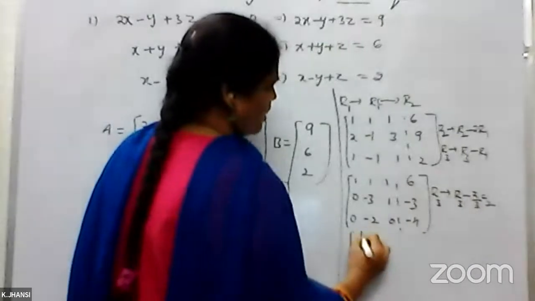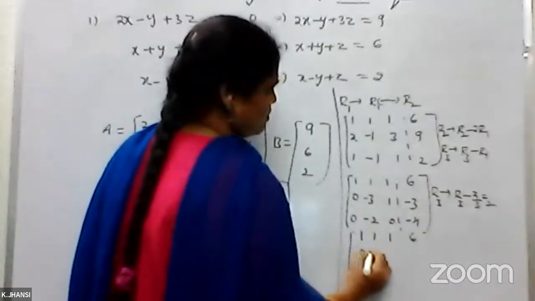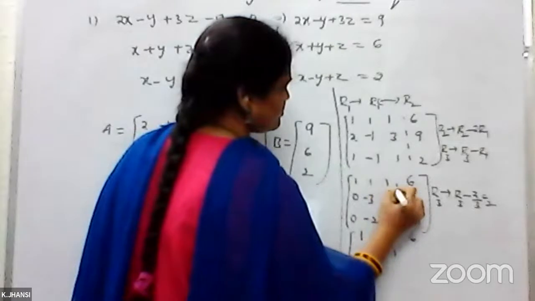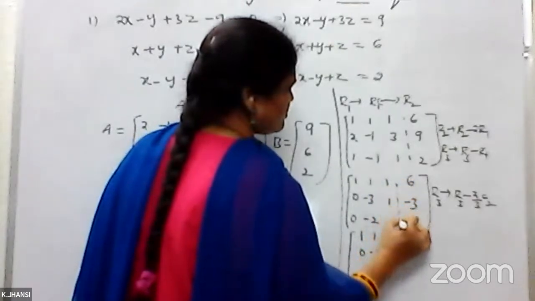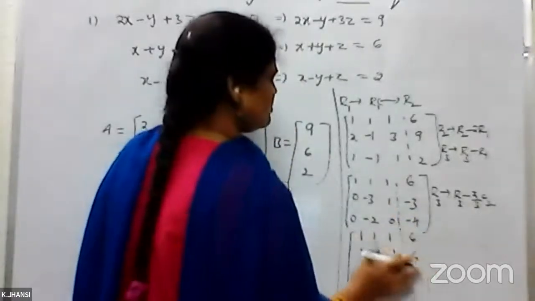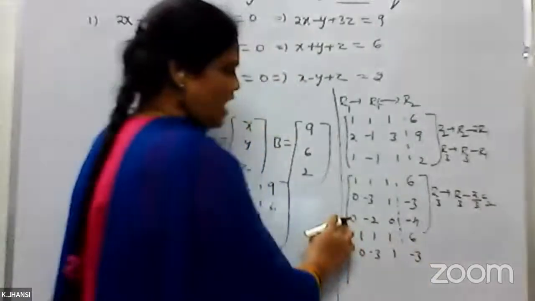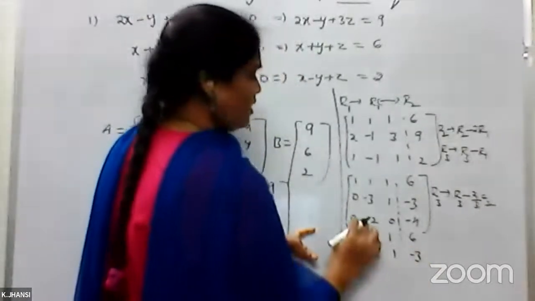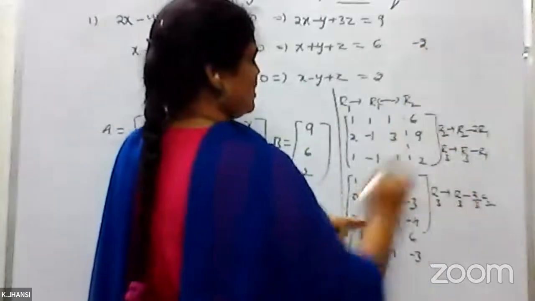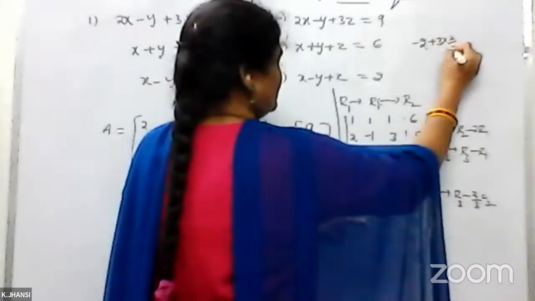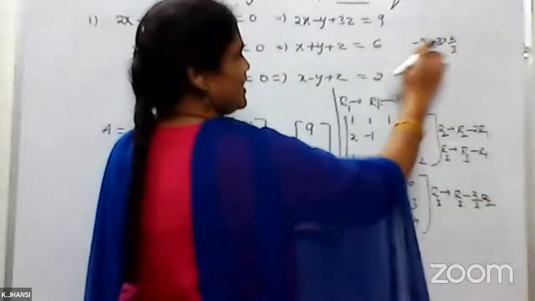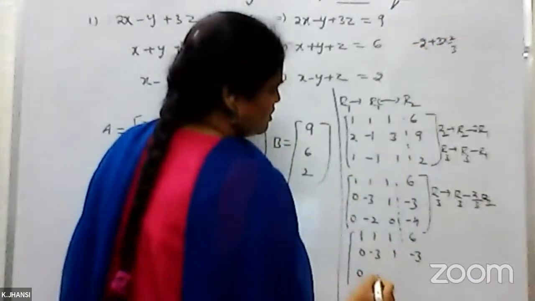Then what will you get? 1, 1, 1, 6; 0, minus 3, 1, minus 3; and the last row: 0 minus 0 is 0, minus 2 plus 3 times 2/3, where the 3 gets cancelled, minus 2 plus 2 is 0.